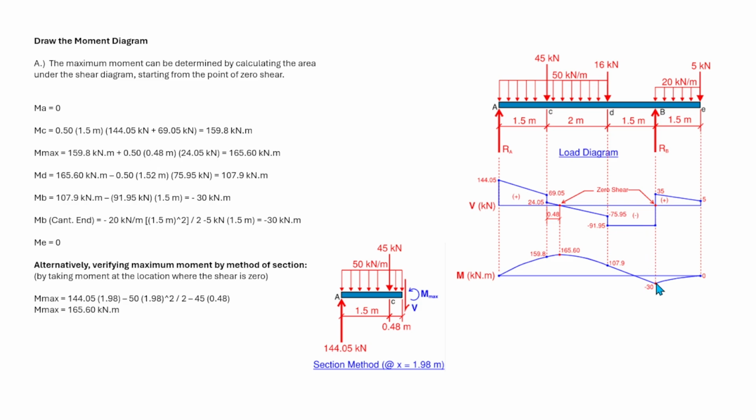But from point B to E, we have the positive shear, so our moment diagram has a positive slope. It will start to go up, then it will go to zero moment at this point.